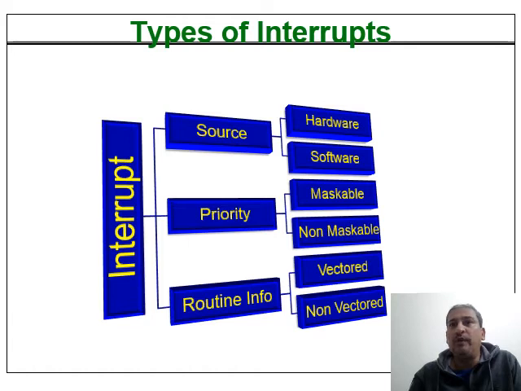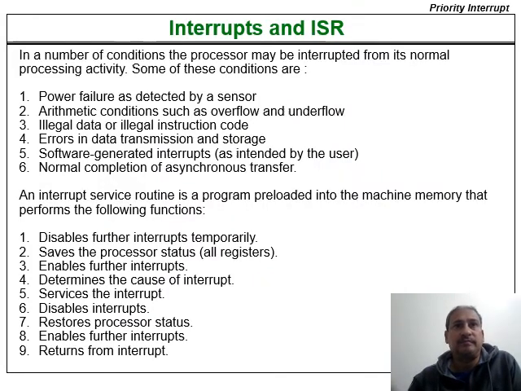In case of a non-vectored interrupt, the CPU uses something called an interrupt table. That interrupt table has the information about the ISRs of all the interrupts. So the CPU goes directly to the interrupt table, looks up the interrupt that has caused it to suspend the operation, and then locates and executes the given interrupt.